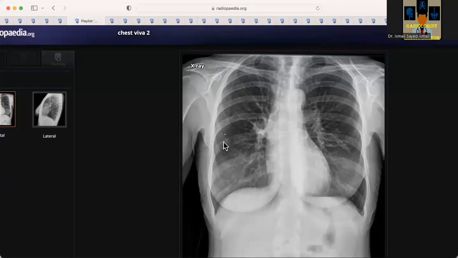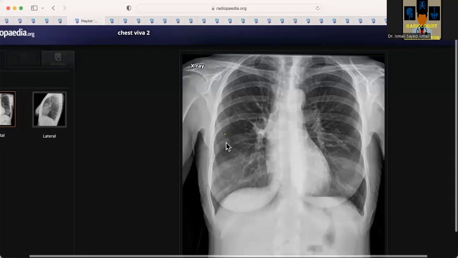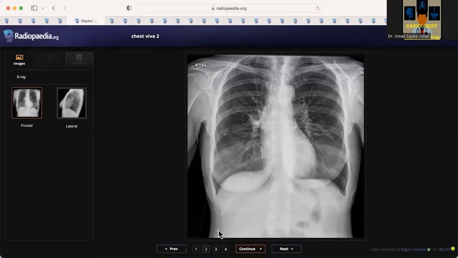I am thinking that this could be a consolidation in the right lower zone, and I would like to review any previous imaging. If not, then I would like to discuss the finding and recommend a CT of the chest for better evaluation.